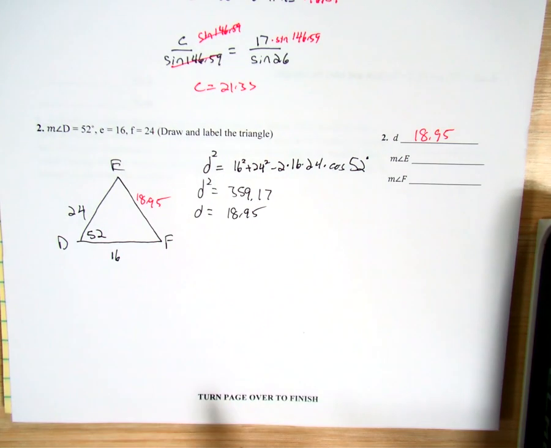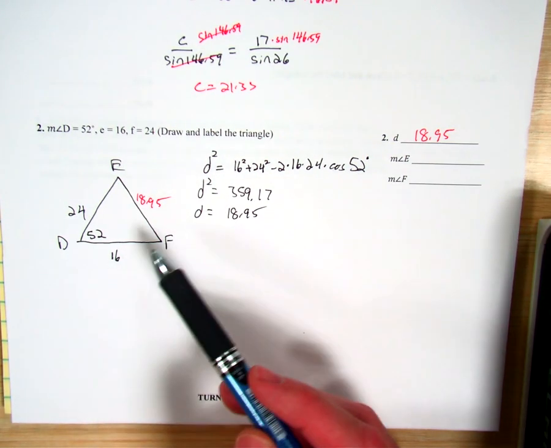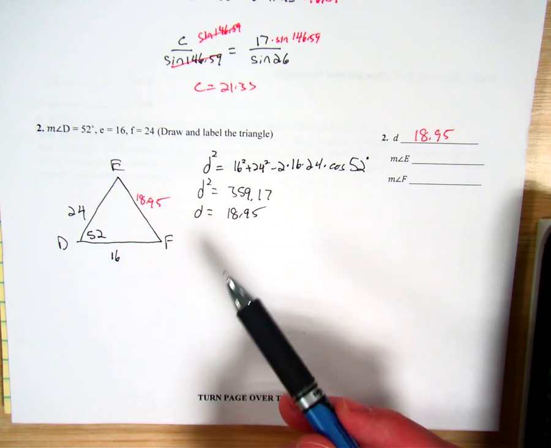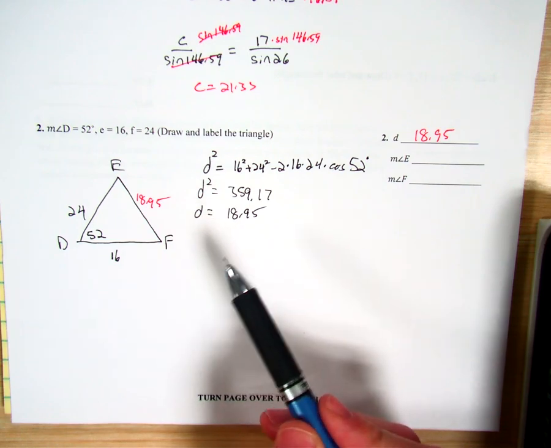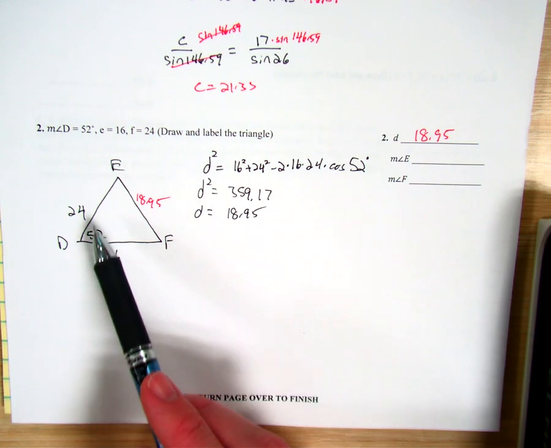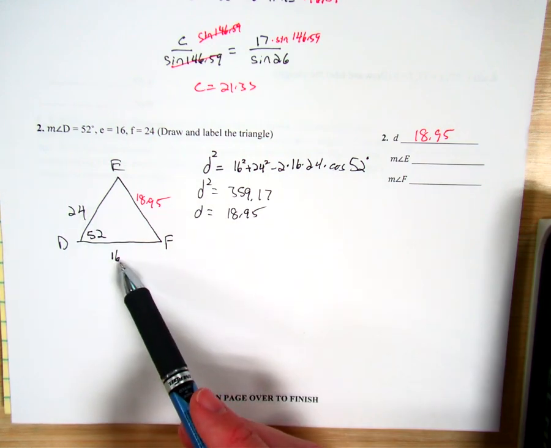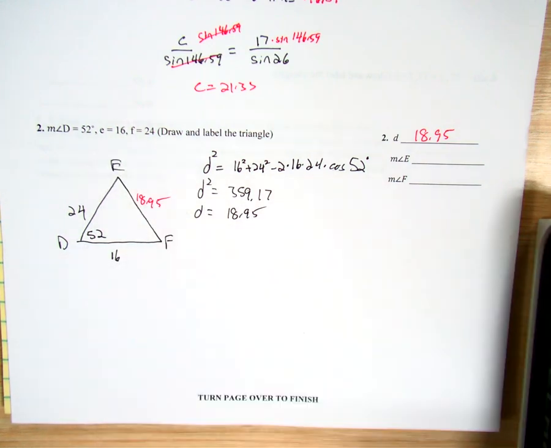Now we have our sides, we have a matching set, so now we can switch to law of sines. When we switch to sines, we do smallest. SSS, switch sines smallest. Okay, 24 is bigger than 16. 16 is the smallest side left, so we're going to do E.